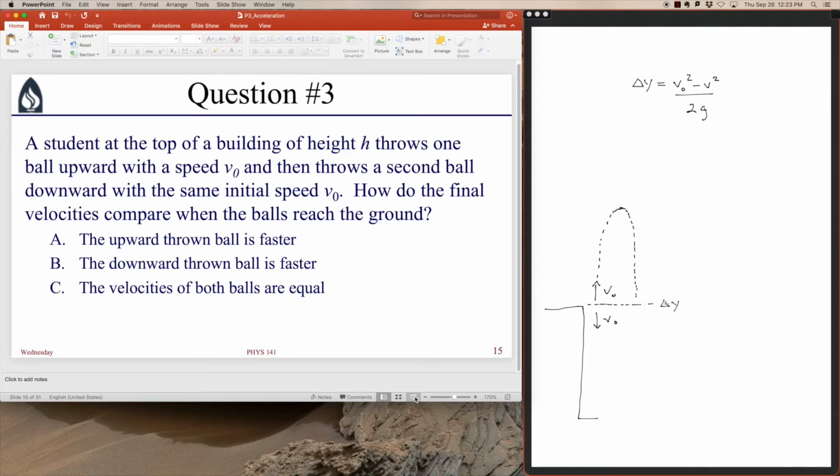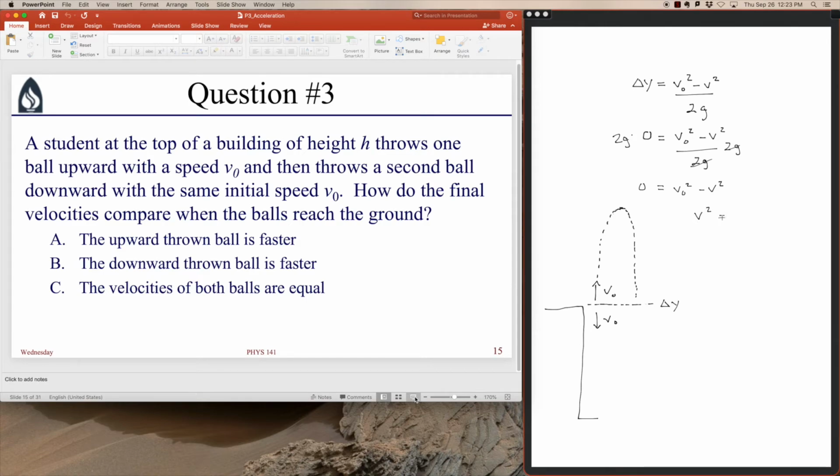So if 0 is equal to the initial speed squared minus the final speed squared over 2g, if I multiply both sides by 2g, 0 times 2g is, of course, still 0. And so 0 is equal to v0 squared minus v squared, or v squared is equal to v0 squared.